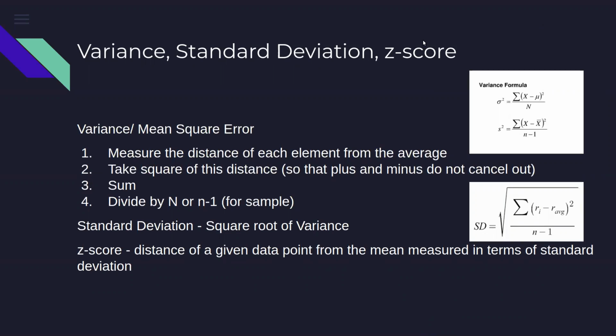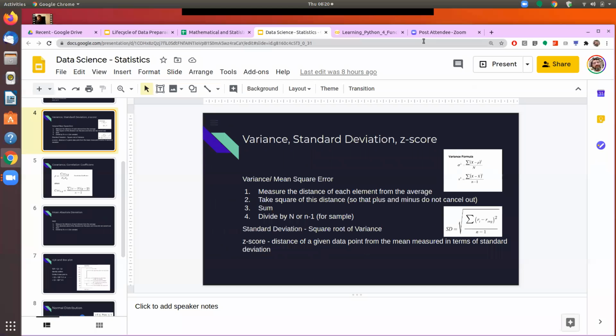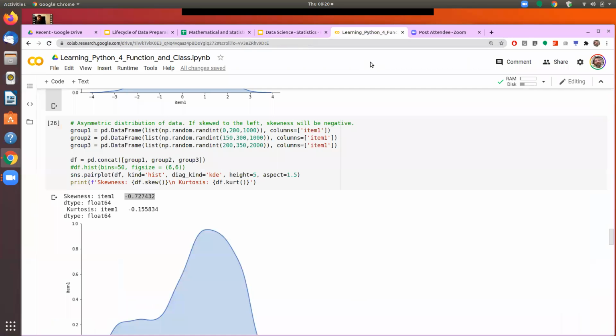It means that these should be memorized: what is the concept of variance, what is the concept of standard deviation, what is the concept of the z-score. Because if you're really looking for an entry into data science, these are some of the frequently asked questions in interviews, and therefore you should be clear about how to compute and how to use these concepts in our data analysis.